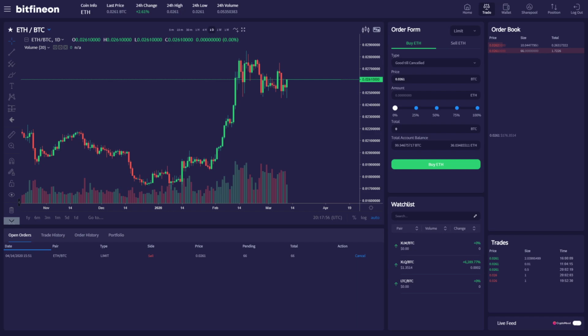Well, we've implemented that change. You can see here that if you click on 25% or 50%, it will update the total amount in the order form according to the balance you have available. Now, if you change this to, let's say, 25, you'll see that the slider bar barely moves.